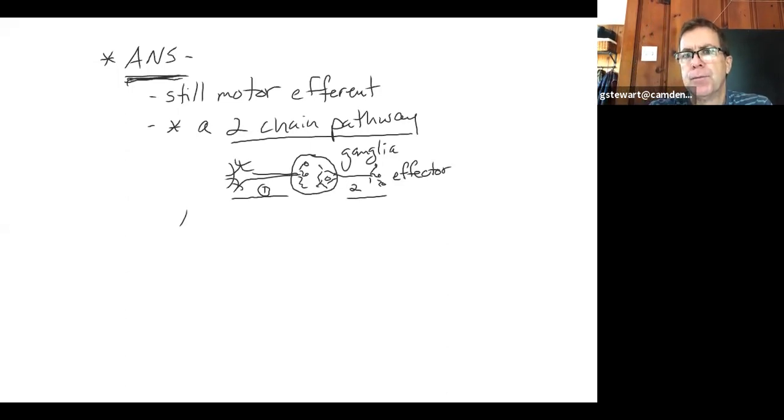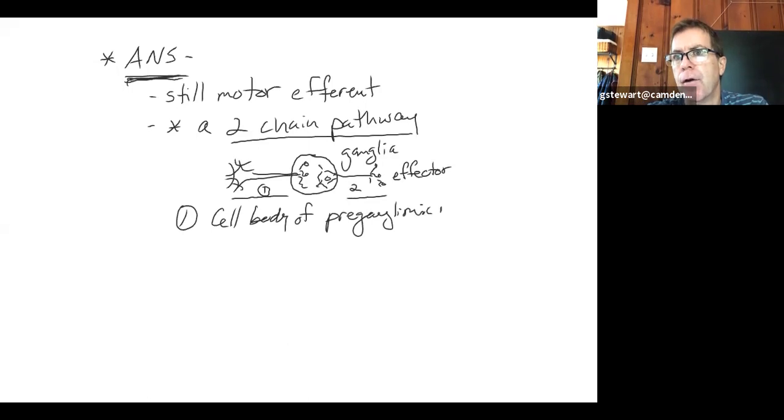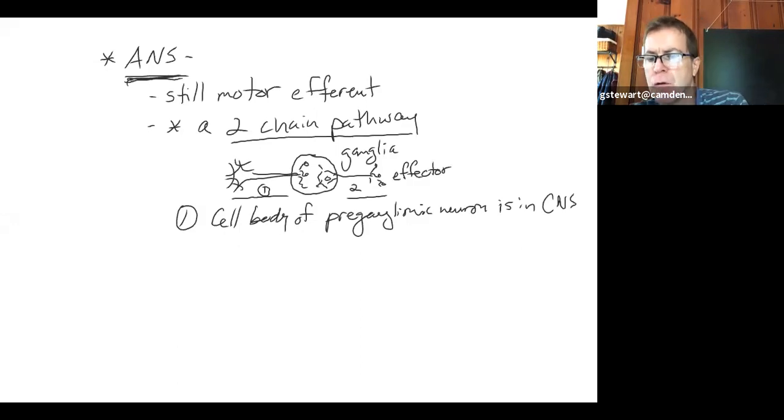Now, the cell body of the preganglionic neuron is in the central nervous system. That means it's in the brain or spinal cord. Its preganglionic axon synapses with the second postganglionic neuron cell body, right?